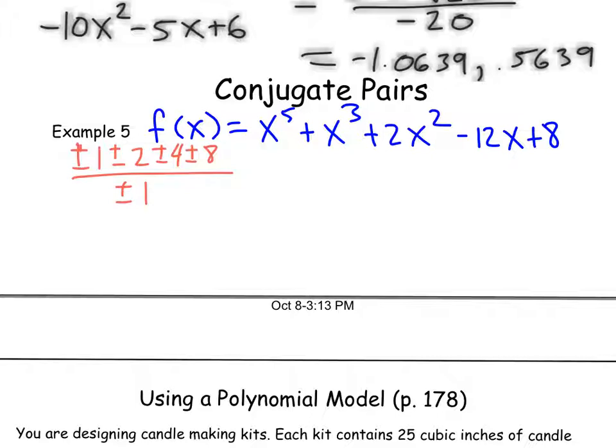And that doesn't add any new factors. What I really like about this is it tells you a little something before you go to your table. As far as changing the x values to get fractions, we don't need to. I need to look at plus or minus 1, plus or minus 2, plus or minus 4, plus or minus 8.